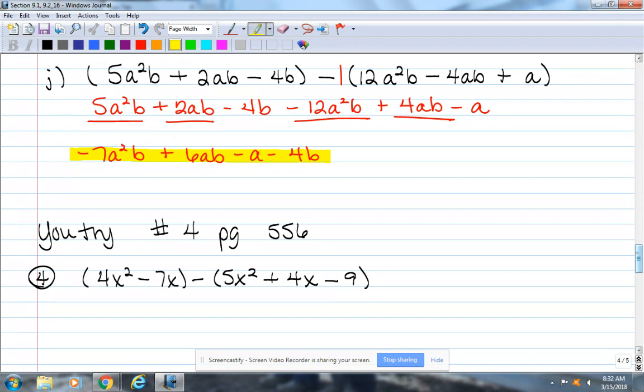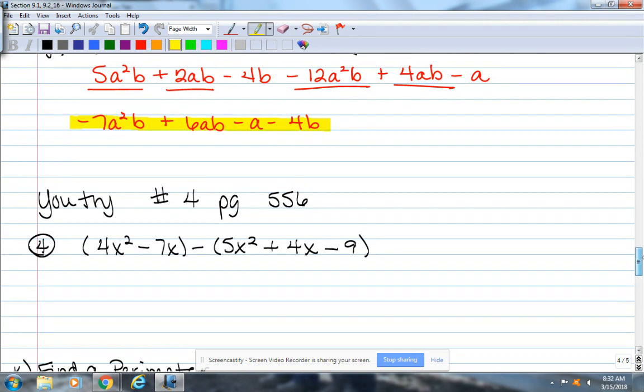All right, so what do I do first if I'm subtracting a polynomial? Yes, so I copy the first one. And then what do I get when I change signs? And then, good, everybody do that? And then what do?